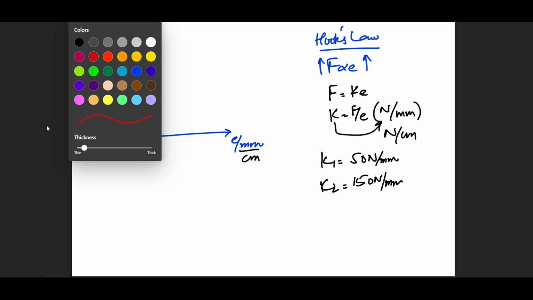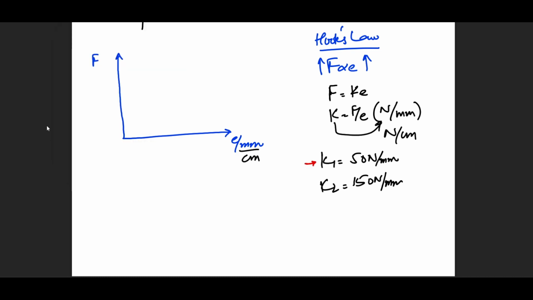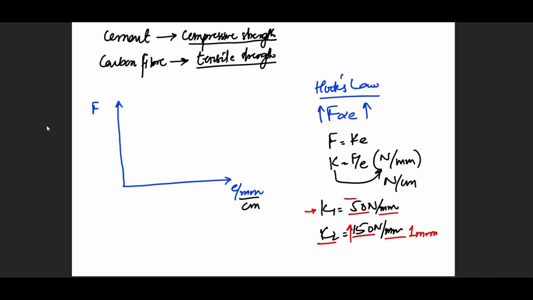It means that this spring will require 50 newtons to extend 1 millimeter, and this spring will require 150 newtons to extend by 1 millimeter. Of course, this requires a higher force than this one. So k2 is going to be a stiffer spring, difficult to stretch, difficult to compress, and k1 will be a softer spring in comparison to k2. So the spring constant tells you about this in terms of real life.